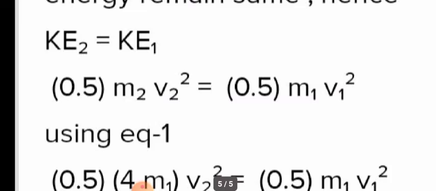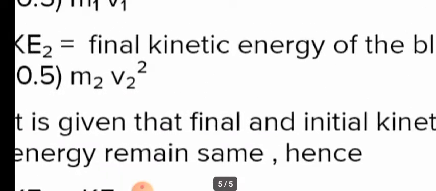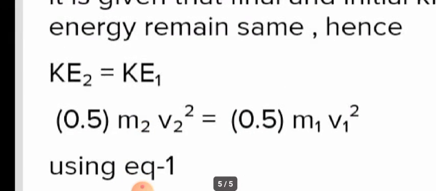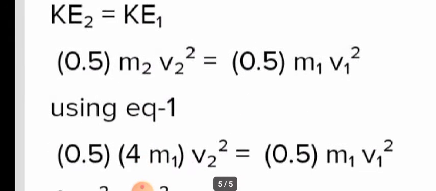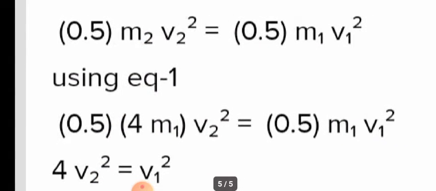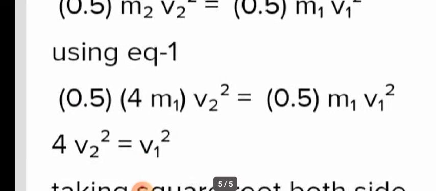Okay. So, what is the equation we have derived? 0.5 m2 v2 square is equal to 0.5 m1 v1 square. So, using this equation, we already know m1 and m2. m2 is 4 times of m1, right? 4 times of m1.